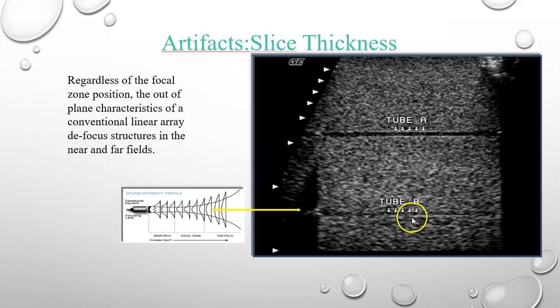We can tell that it's there because we're seeing the strong reflector of the specular reflection on the edge of the tube that we see here on tube A, but we don't see the anechoic center of tube B because it's being averaged in with tissues in front of and behind it. So this is a slice thickness artifact.